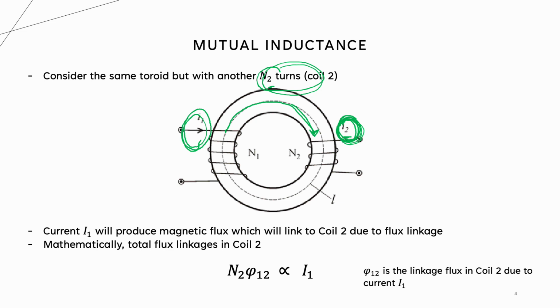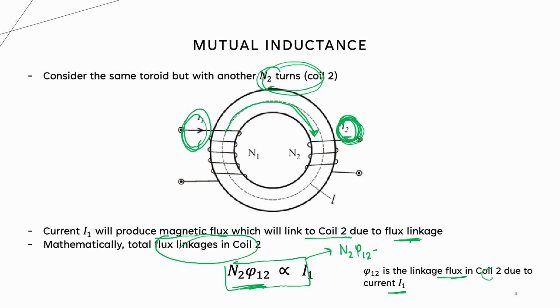Current I1 will produce the magnetic flux, which will link to coil number 2 due to the flux linkage. Mathematically, the flux linkage in coil number 2 can be represented as N2 times flux 12, where flux 12 is the flux linkage in coil number 2 due to current I1.